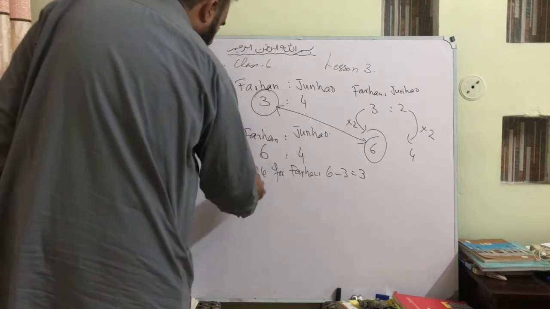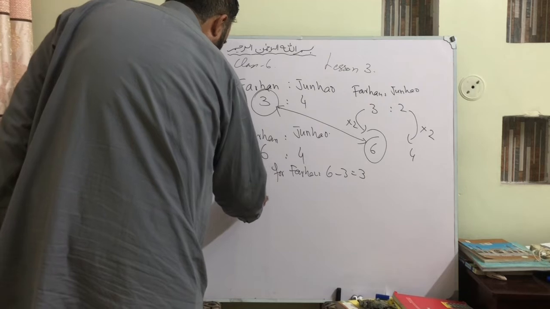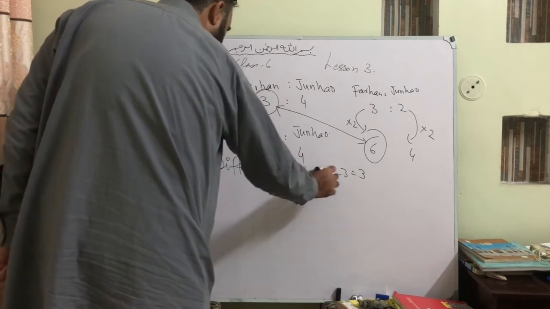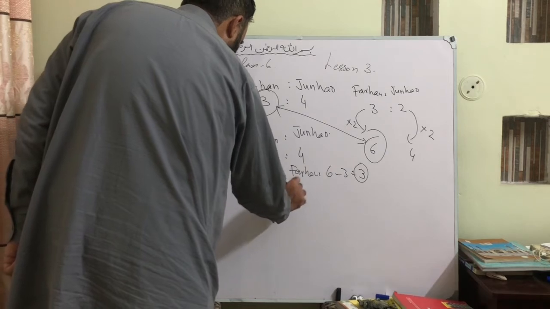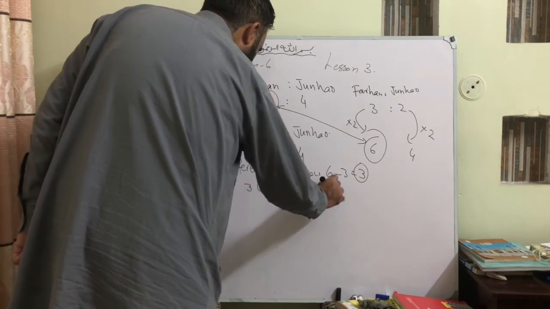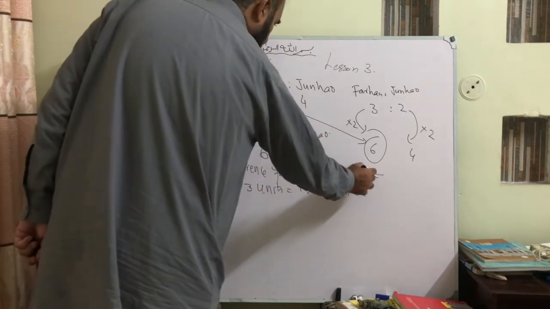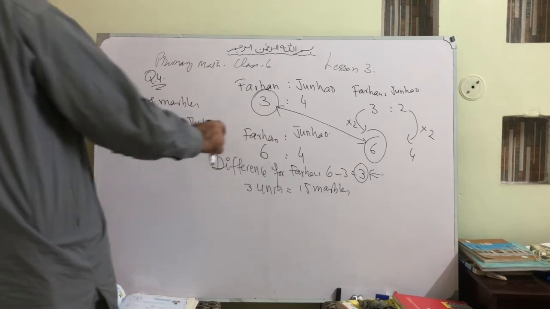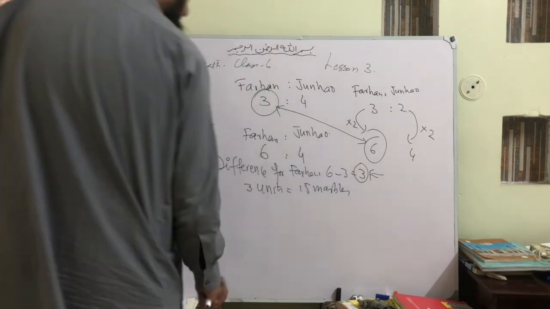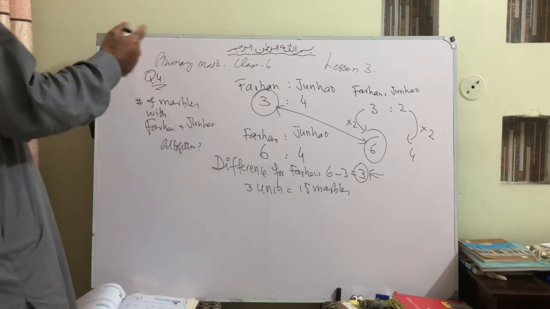So it means that the difference of 3 units is equal to 15 marbles. This difference in ratio, 3, represents the difference in marbles because he got 15 more marbles.